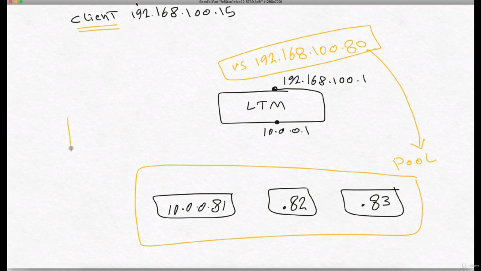We are able to ping from the LTM to the servers, and we are able to ping from the client to the virtual server. The inside side is working, the outside side is working, but together they are not working.